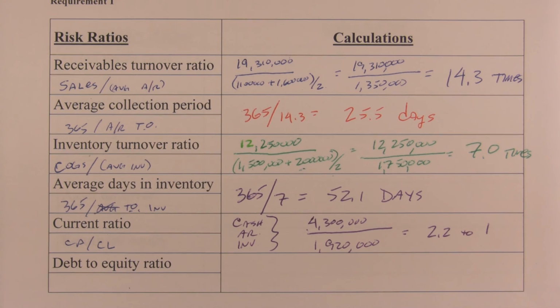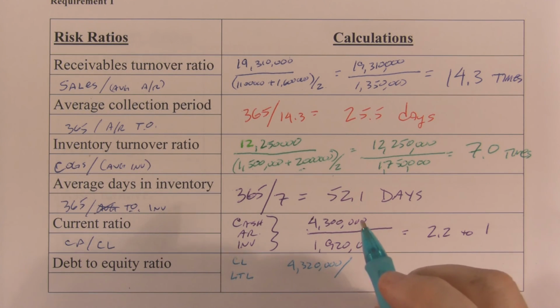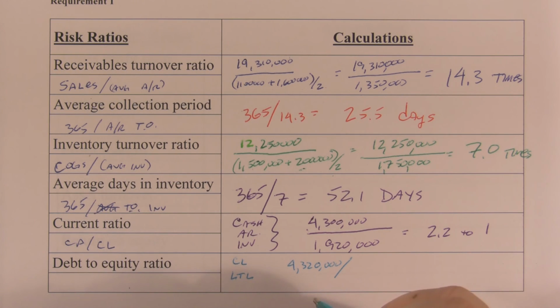And the last risk ratio they want you to look at is debt to equity. Here, this is just a matter of taking numbers off of the balance sheet. The debt part is the current liabilities and the long-term liabilities. So in this case, that's 4,320,000. And we divide that by the equity, which in this case is the common stock and retained earnings.